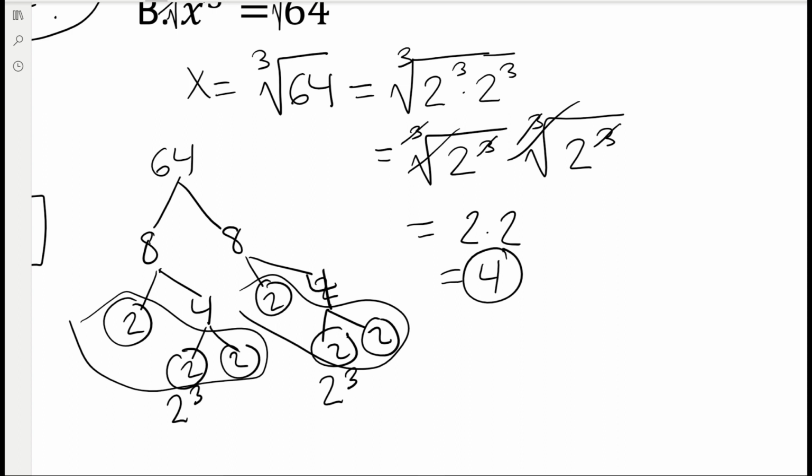So in this case you're looking for 3 of that number, then you're going to simply pull that number out of the radical and kick it out. You can think of it that way. And so we kicked it out twice, and therefore we got 2 times 2, which is 4. So there are different ways that you can think about it, but this is a way to use this with rational exponent or with exponent properties.